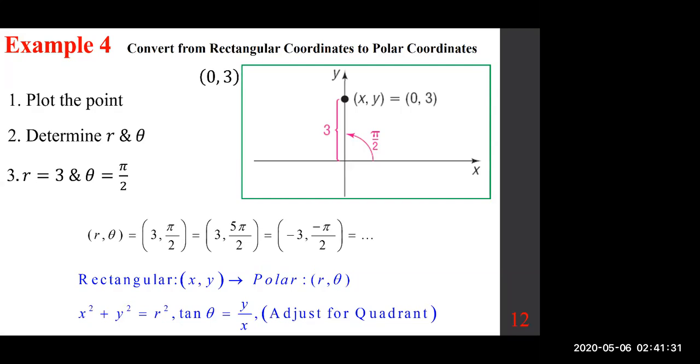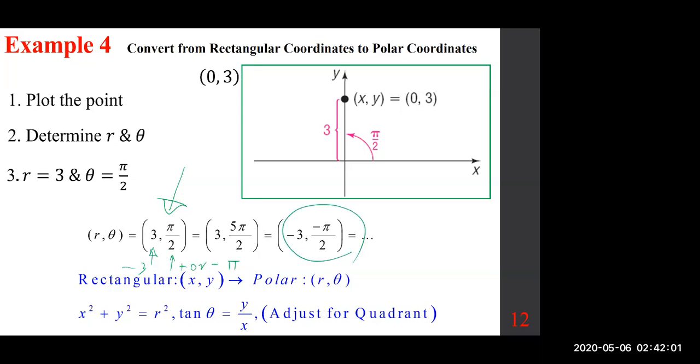So here's the answer that we are interested in, but it is not unique. For example, we can add 2 pi, or if we change this to -3, then we can either add or subtract, for example, pi. So if you subtract pi, you get this one.